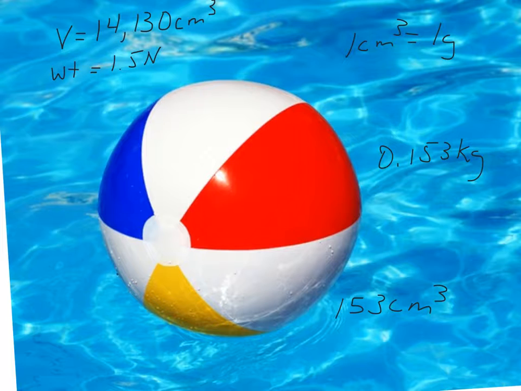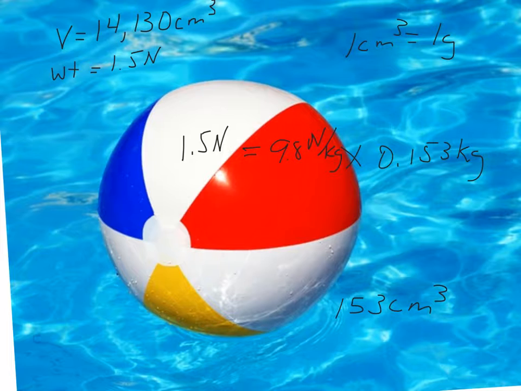And so if we want to determine the weight, we're going to take the mass, which is our 0.153 kilograms, and we're going to multiply that times the force of gravity per kilogram. And if you remember, the force of gravity is 9.8 newtons per kilogram. And so when we do our math, we would calculate 1.5 newtons as the weight of the displaced water.